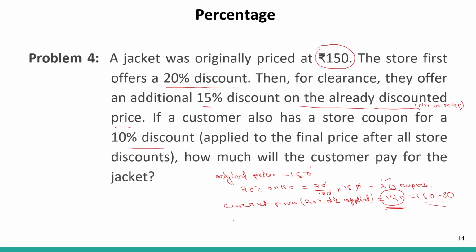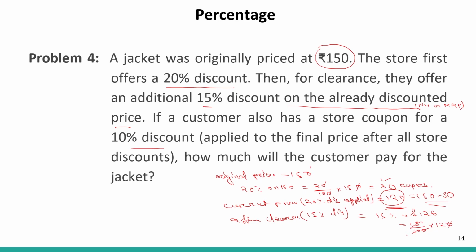After clearance, that is a 15% discount, 15% of 120 is equal to 15 by 100 into 120, right?